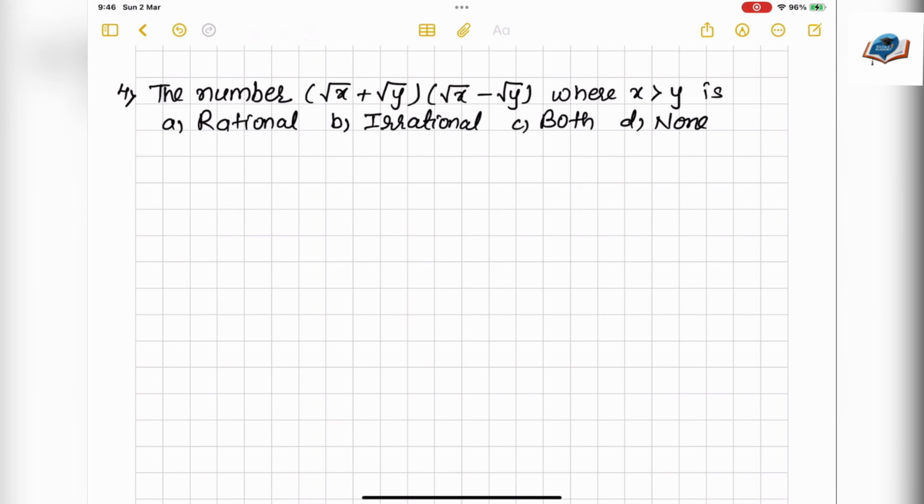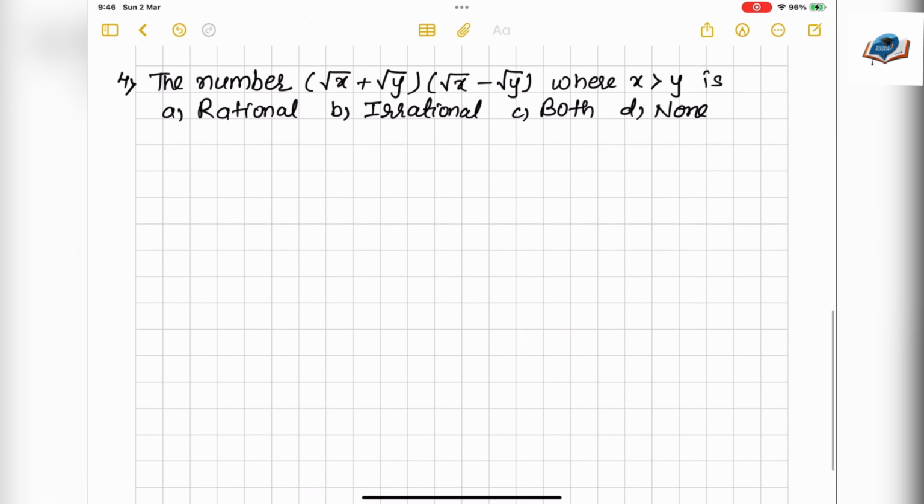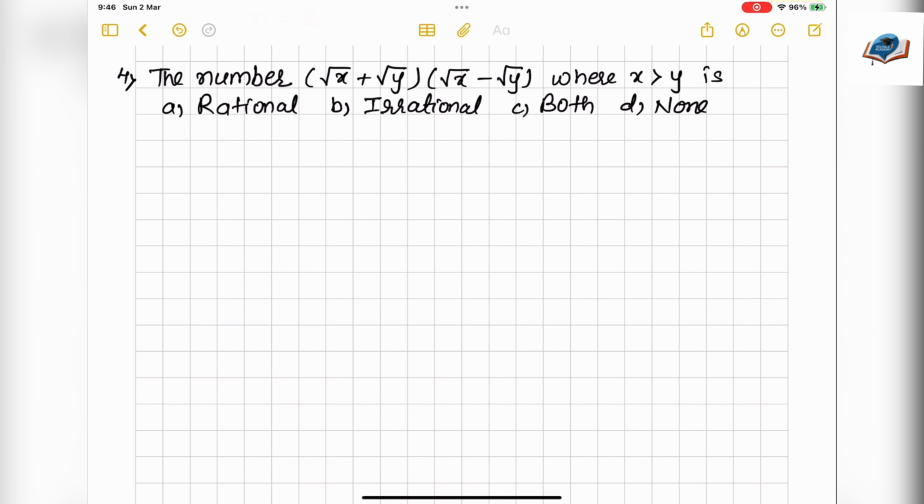Fourth one says the number root x plus root y into root x minus root y, where x is greater than y, is a rational number, irrational, both or none. Now we know that a minus b into a plus b is equal to a square minus b square.